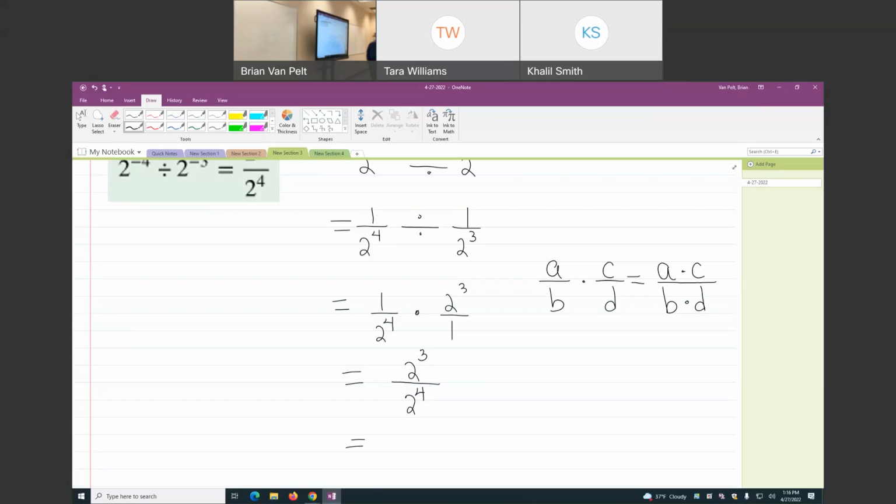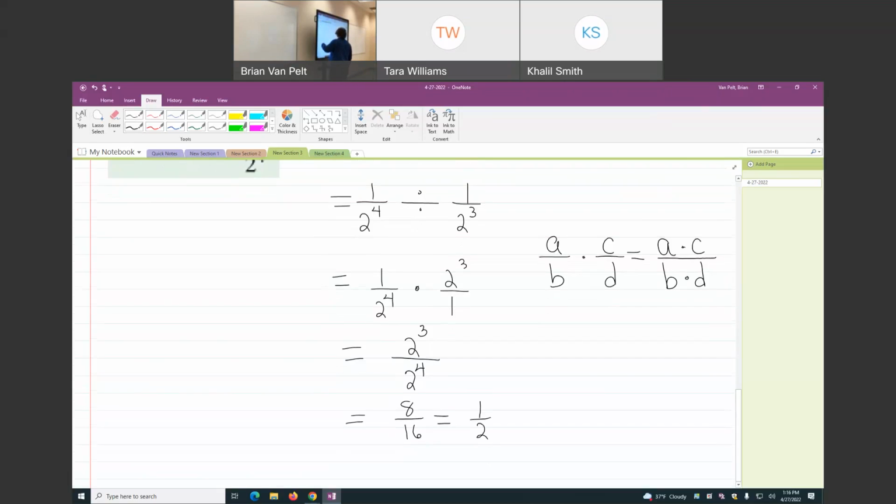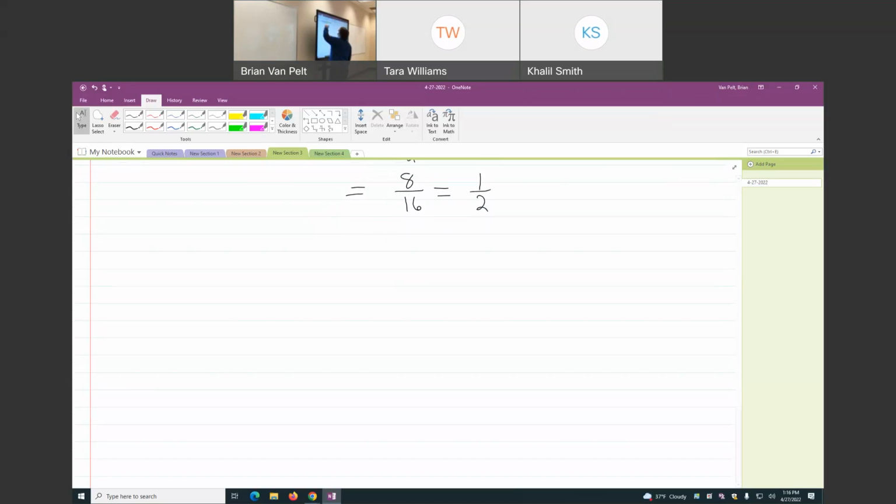That is not true. I don't want to actually go to numbers, but we can. 8 over 16 is equal to 1/2. So what did we have? We had 1 over 2 to the 4th divided by 1 over 2. That ended up being 2 to the 3rd divided by 2 to the 4th.